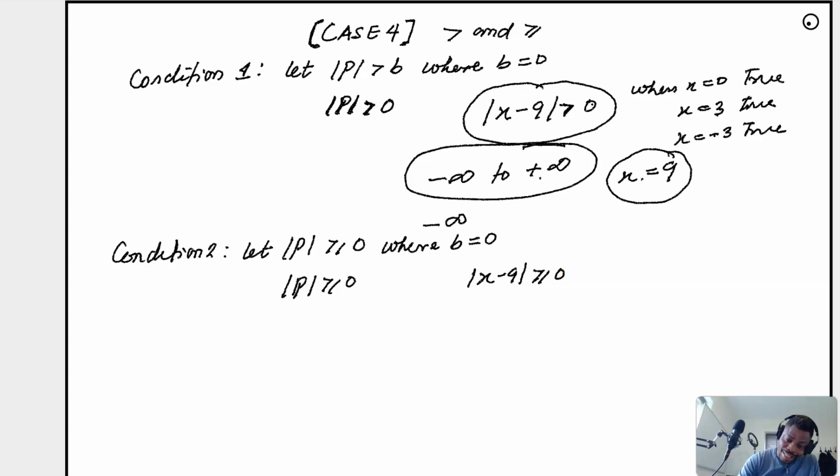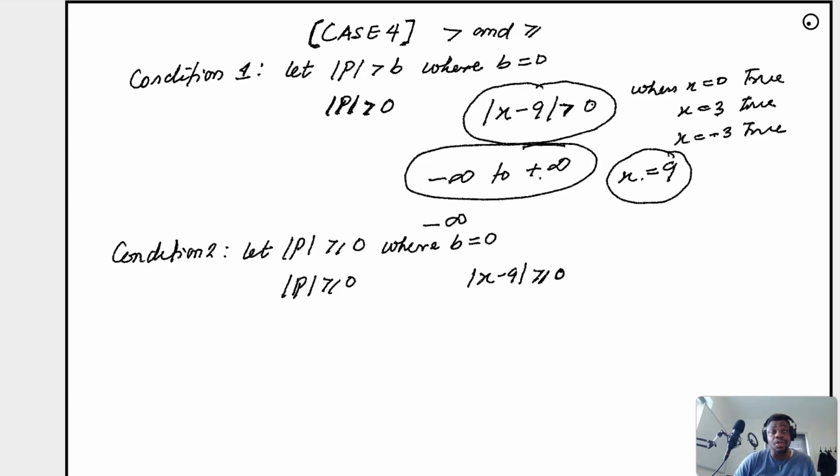But if I put x as 9, 9 minus 9 will be 0, and it is equal to 0. It simply means it is true for all real numbers. So the solution for this will be that the value of x is true for all real numbers.